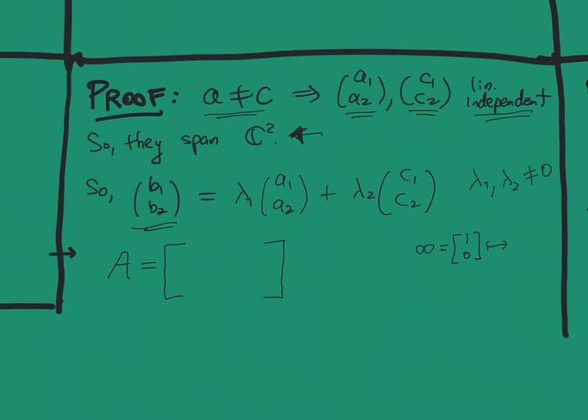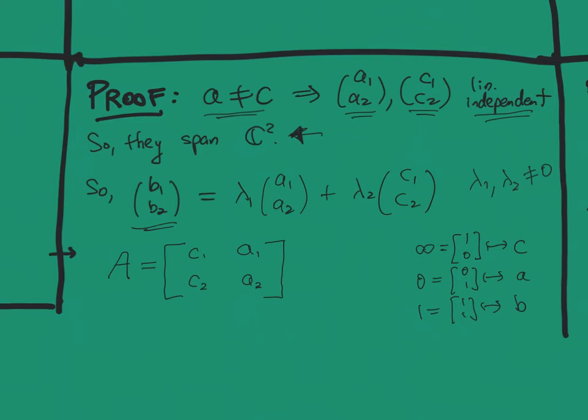to map to C. And so a first guess might be that we would put C in the first column, and we need 0, which we write as [0, 1], to map to A. So we might want to put that in the second column. But we also need 1 to map to B. And this matrix as we've written it may not do that.